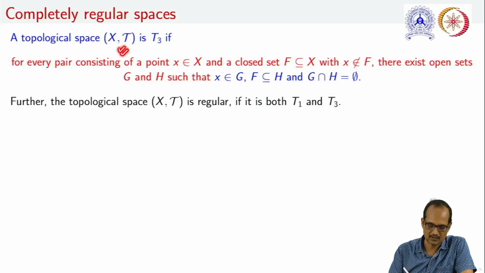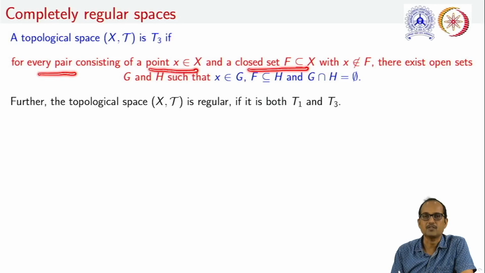A topological space (X, tau) is T3 if for every pair consisting of a point x and a closed set F, a subset of X not containing this point x, there exist open sets G and H such that x belongs to G, F is a subset of H, and G intersection H is an empty set.